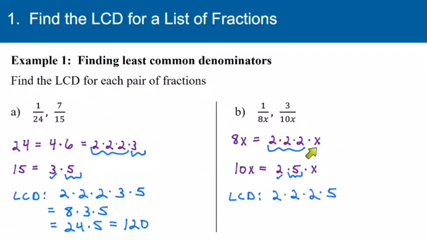And for x's, I have 1 x here and 1 here, and so the largest number of times the x occurs is once, so I need to put an x down once. So now I have 2 times 2 times 2 times 5 times x. That's our common denominator. So let's multiply the constants together. 2 times 2 is 4, 4 times 2 is 8, 8 times 5 is 40. So we have 40 times x. And that's our LCD for part B.